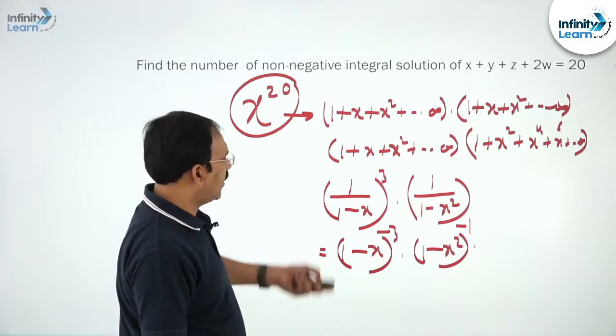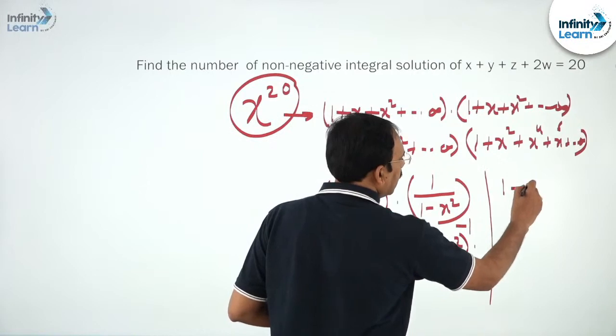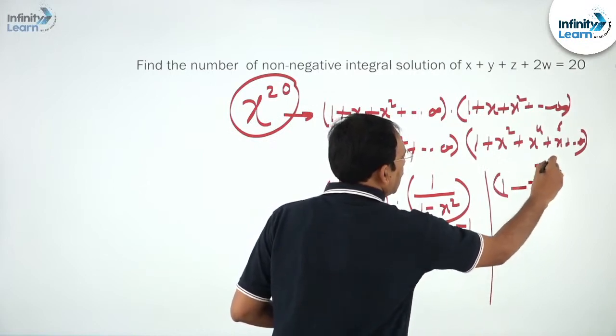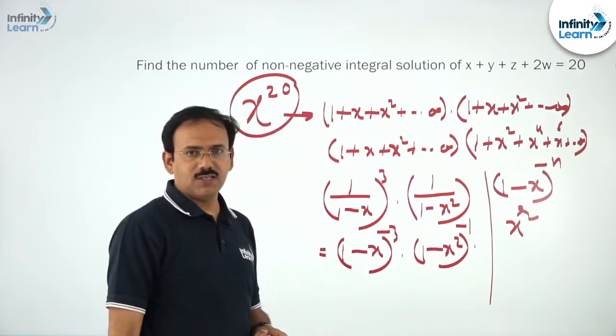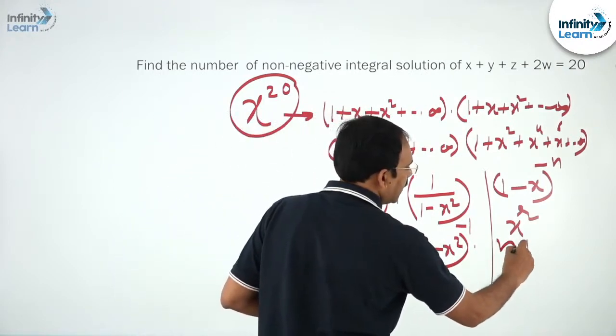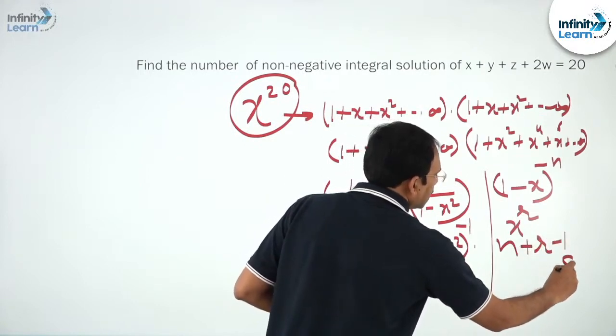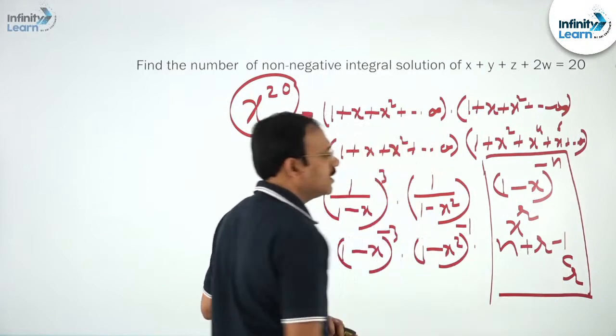Here the logic that is going to be helpful: in 1 minus x power minus n, the x power r coefficient is nothing but, friends, there is a shortcut, n plus r minus 1 CR. This is the third formula that is helpful in these problems.